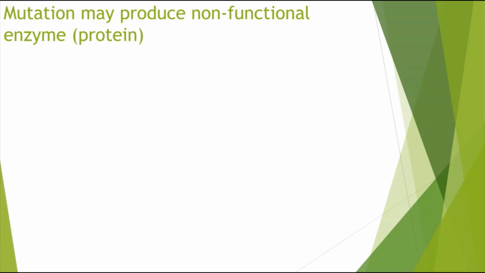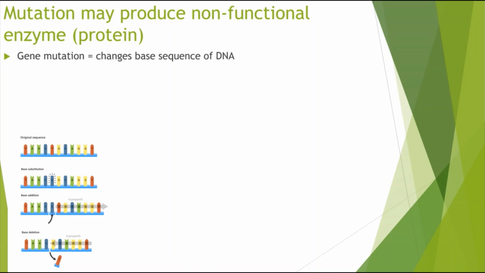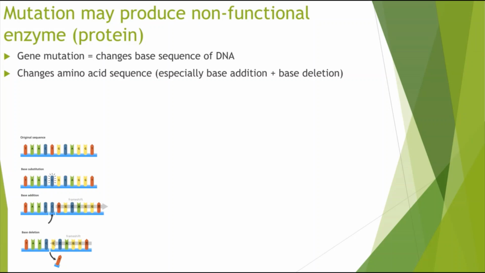Okay, so you need to be aware that a mutation may produce a non-functional enzyme or protein. So if we're looking at what happens in a gene mutation, we change the base sequence of DNA, and it can be by base substitution, base addition, or base deletion. So this would change the amino acid sequence, especially with base addition and base deletion, not so much with base substitution, because again, due to the degenerate nature of the genetic code, we might still be coding for the same amino acid.